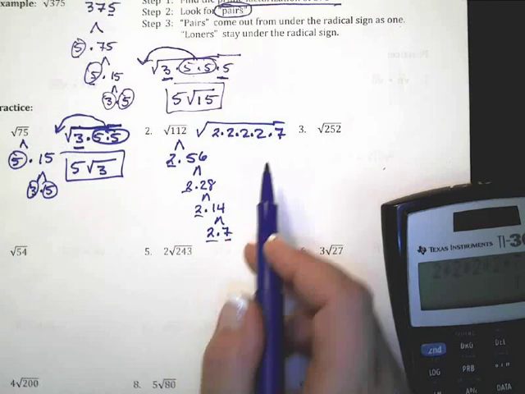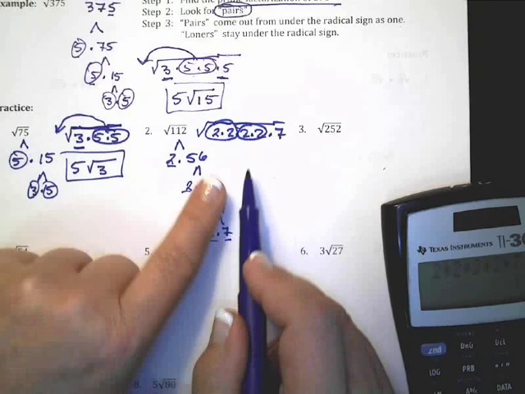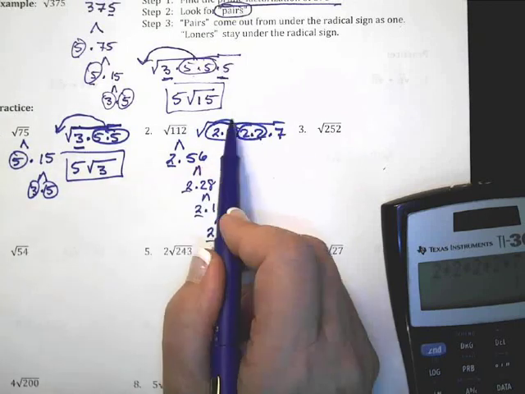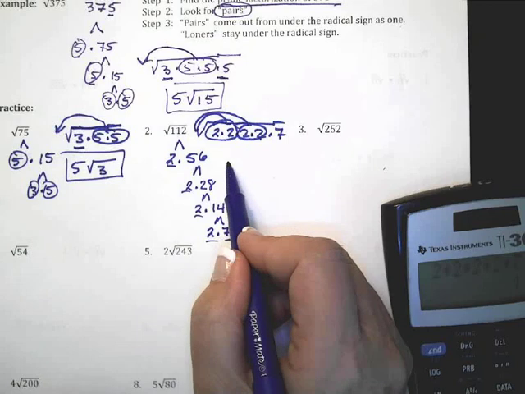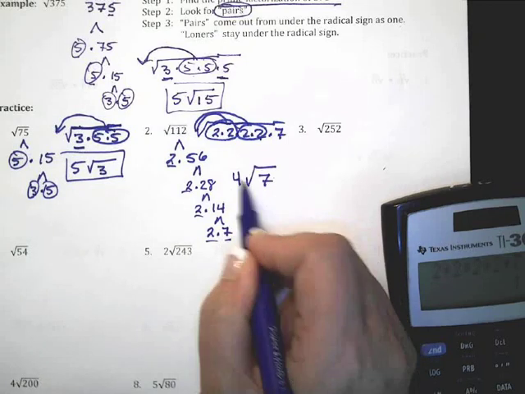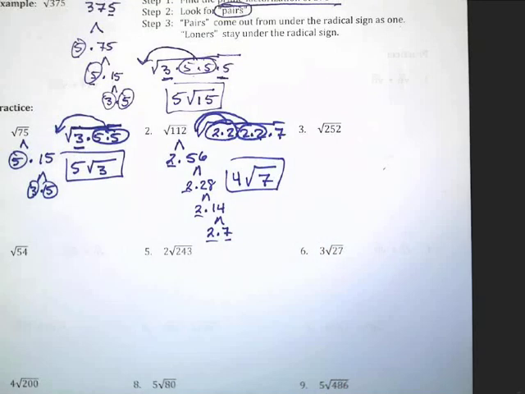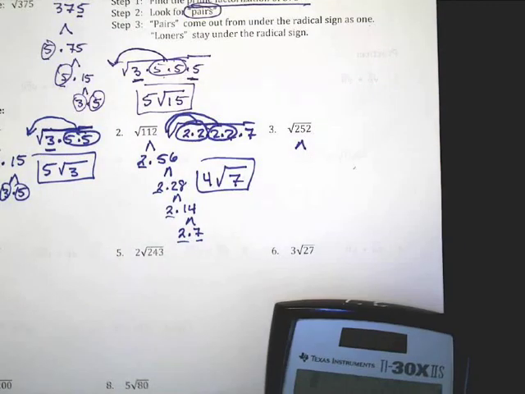Okay, now we're looking for pairs. They already are prime, and this time we have 2 pairs of 2's. So we're going to bring this pair of 2 out and this pair of 2 out and multiply those together to get 4. The 7 is the loner, so he stays underneath the radical. So 4 square root 7. Okay, let's break 252 down.